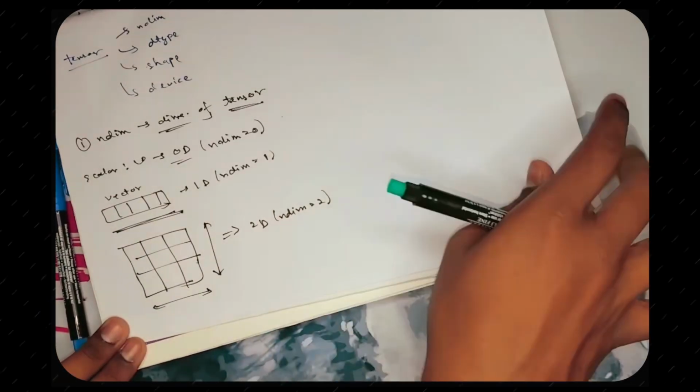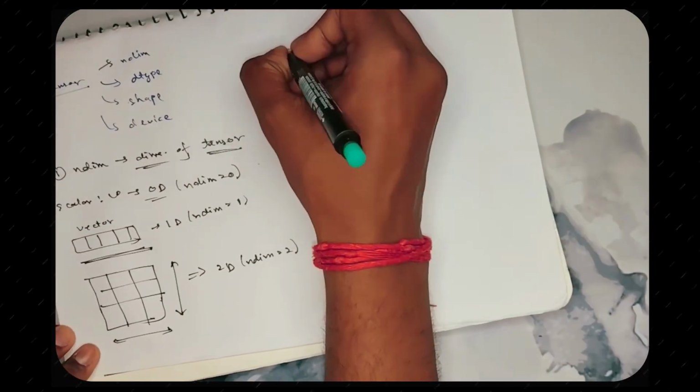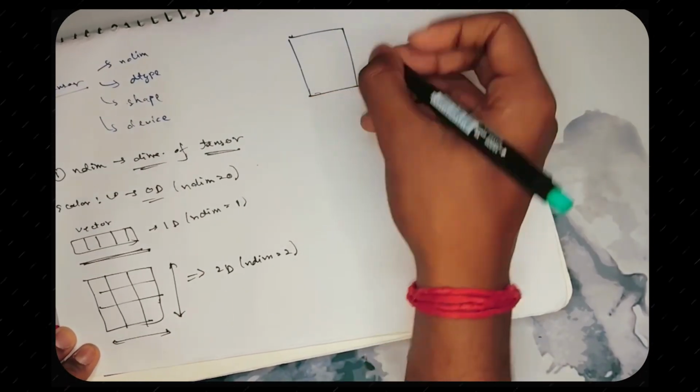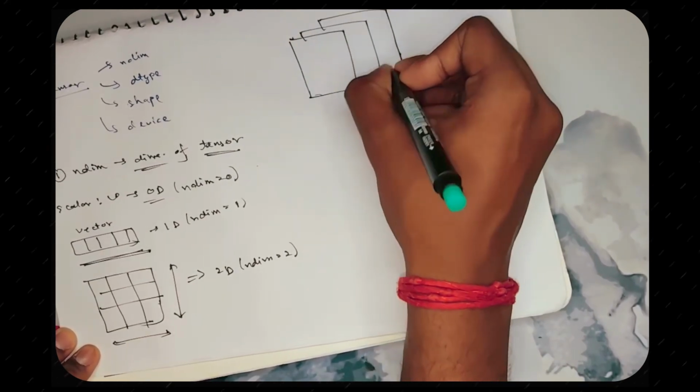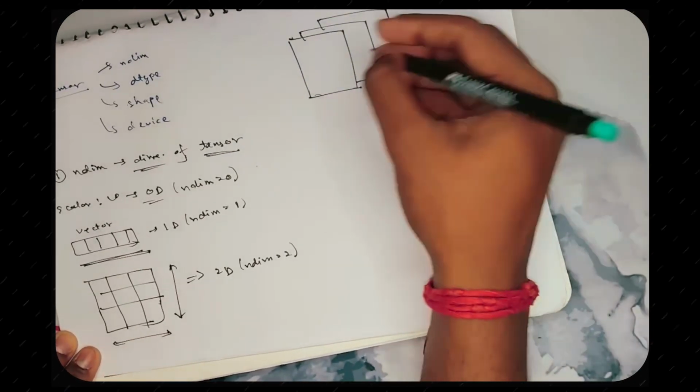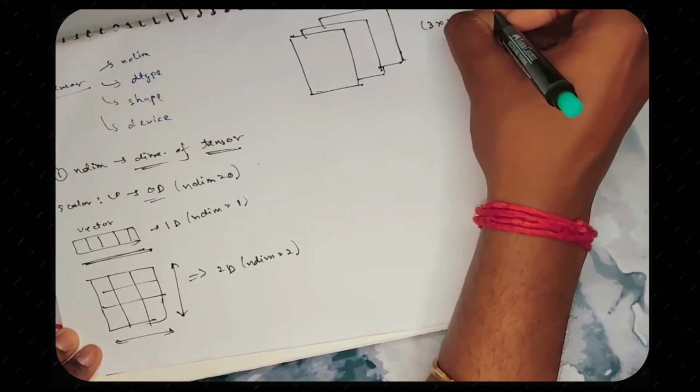And lastly, we have an RGB image. An RGB image looks like this. Suppose I am drawing an RGB image of 256 cross 256 cross 3.